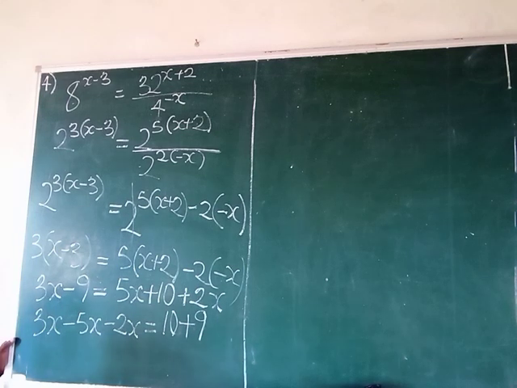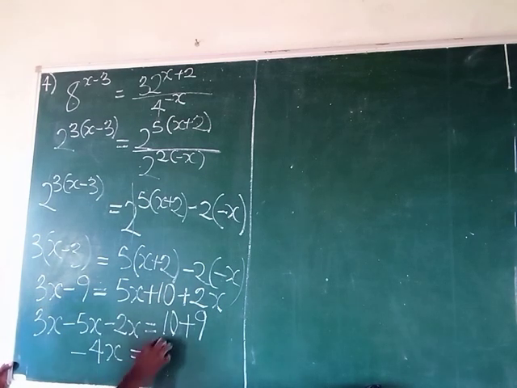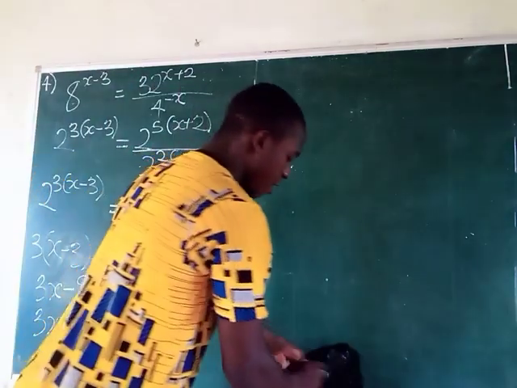Can you see that? So we now have 3 minus 5, then minus 2x, and that will give us minus 4x is equal to 19.